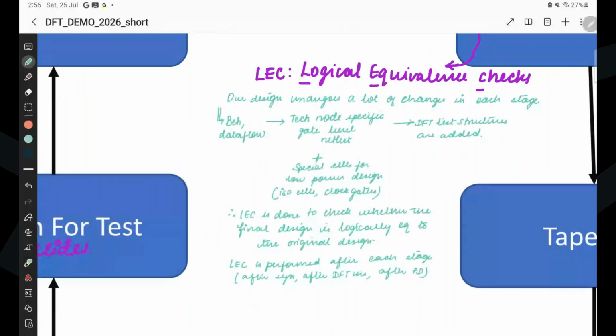So LEC is done to check whether the final design is logically equivalent to the original design, and it will be performed after each stage, like after synthesis, after DFT insertion, after PD.